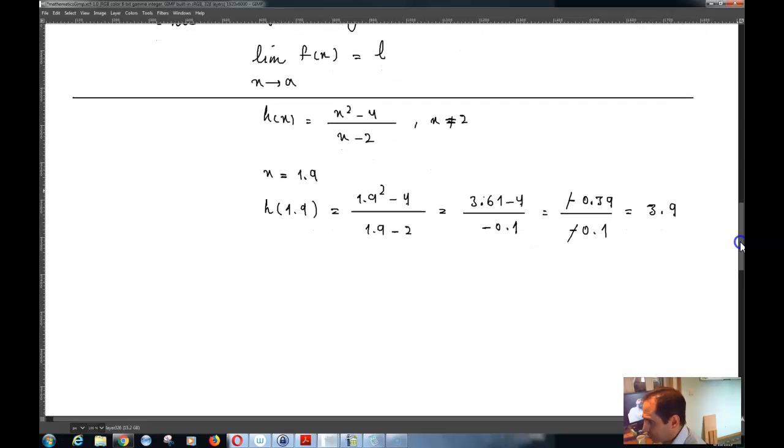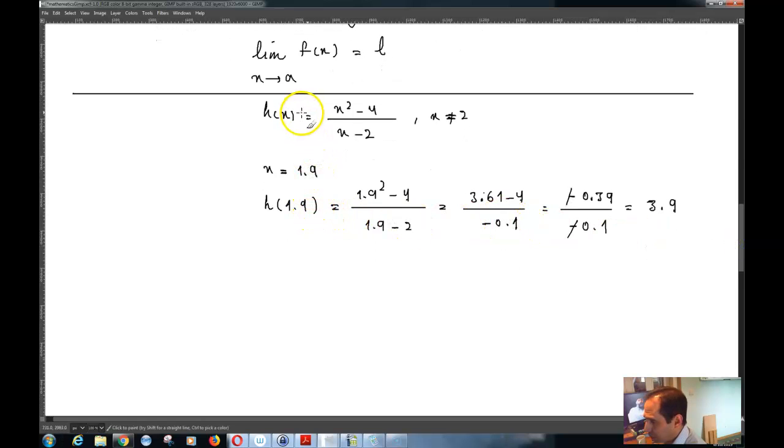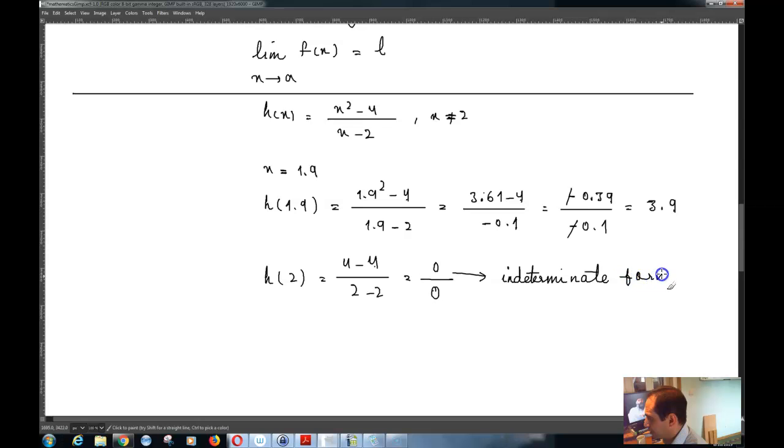And of course, if you enter x as 2 here, what you will get is h of 2 is equal to 2 squared, which is 4, minus 4, over 2 minus 2, which is equal to 0 over 0. And that is again what we are talking about, the indeterminate form, 0 by 0.